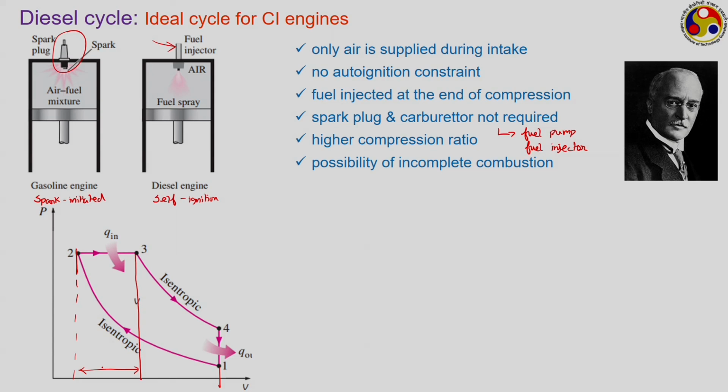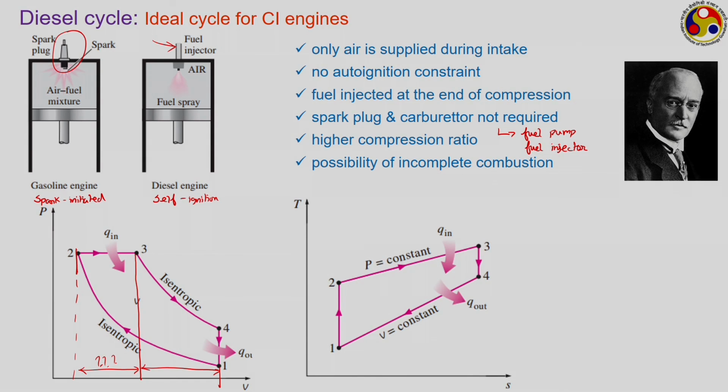So, there is a good amount of change in the volume, and the total volume available for the expansion process is only this much, whereas the entire change from clearance volume to total volume is available for expansion in SI engine. In CI engine, that is lesser. We of course want to reduce this to a smaller level, but that depends upon how much mass of fuel you have to inject and also the design of the injector.